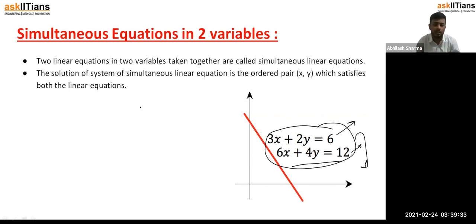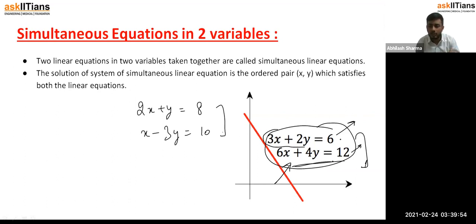So let me take a better example, like 2x plus y equal to, let's say, 8, and let's say x minus 3y is equal to 10. So this is actually a correct example. This actually represents the same line. So there is no point taking this example. The only thing that this example illustrates is that this equation and this equation are the same thing, because if you multiply this equation by 2 on both the sides, you will obtain this equation.